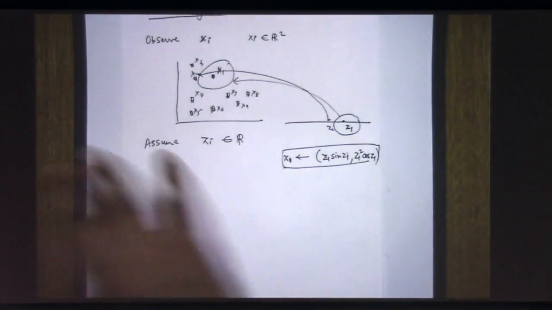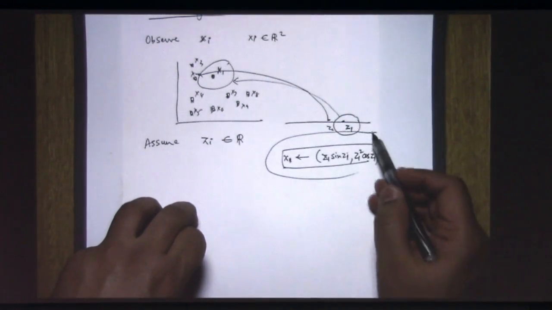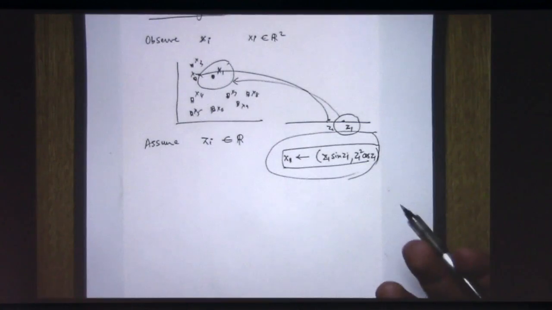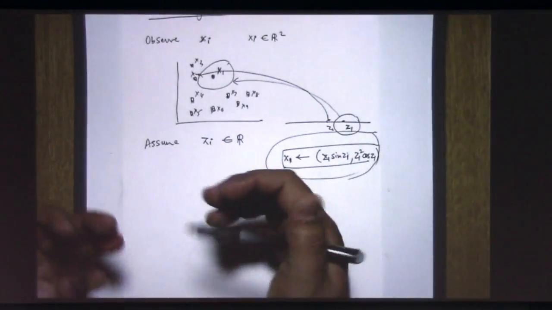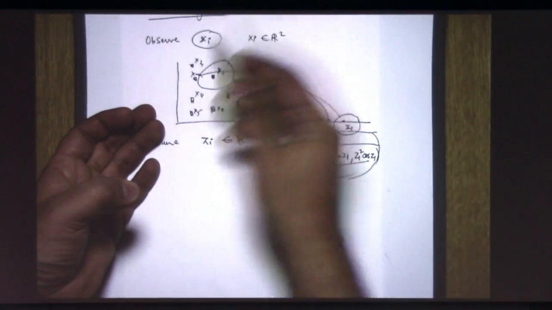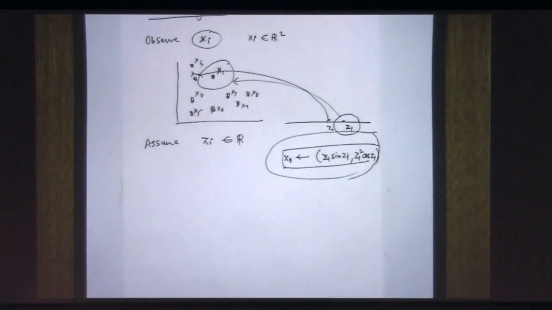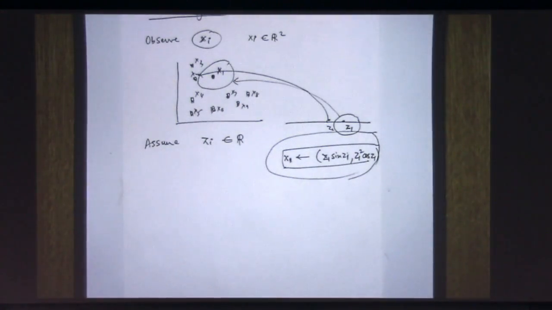We are assuming that it's some kind of functional transformation, but we don't know this functional transformation, right? So what we want to do in a factor analysis model is, given these xi's, infer what these zi's would be. In some sense we are converting our two-dimensional data into one-dimensional data.